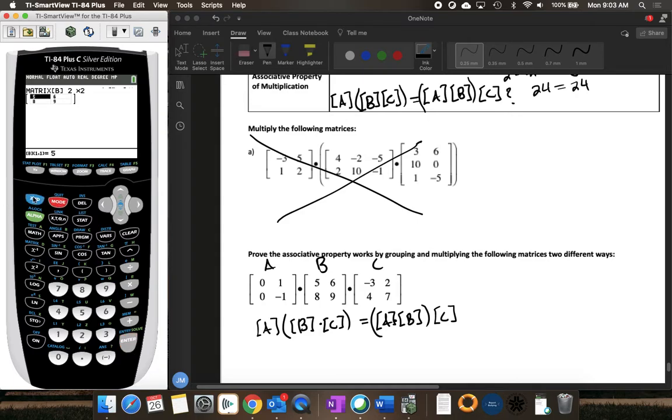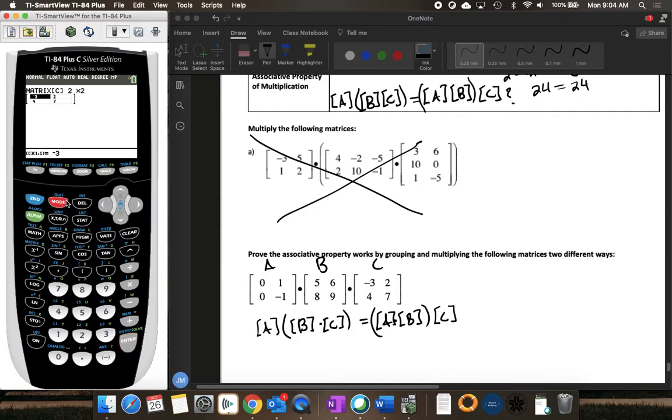And now we can get our final matrix put in. So matrix C, which is 2 by 2, and we'll type in negative 3, 2, 4, and 7. All right.